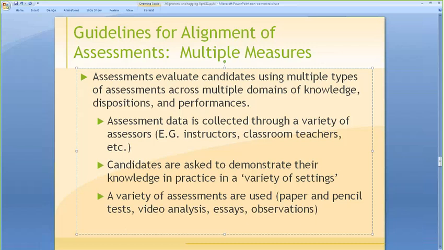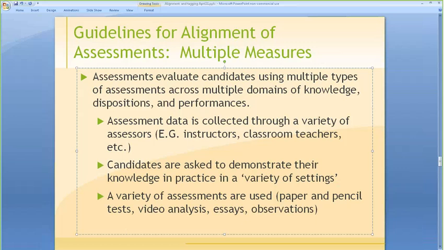So that's the way in which candidates' demonstration of their knowledge and practice, their skills, can be demonstrated in a variety of settings. For example, it might be an observation or a lesson plan or an assessment that they submit to a class and then submit their instructional plans differentiated for student needs afterwards. So these are ways in which the variety of settings piece can come into play, and that there can be a variety of assessments used.